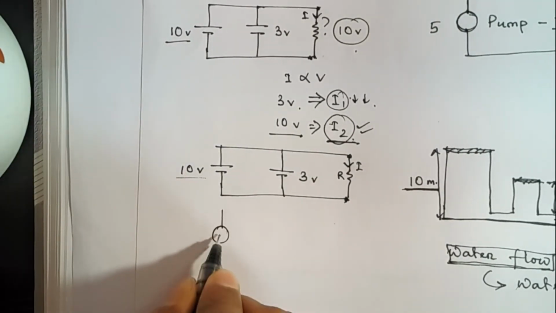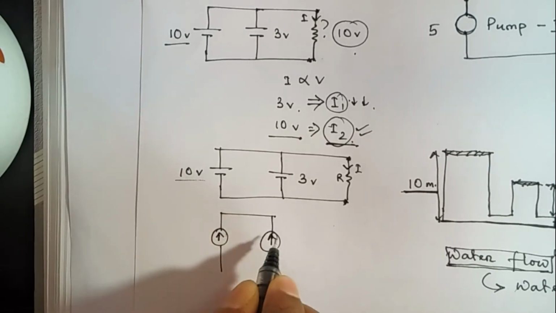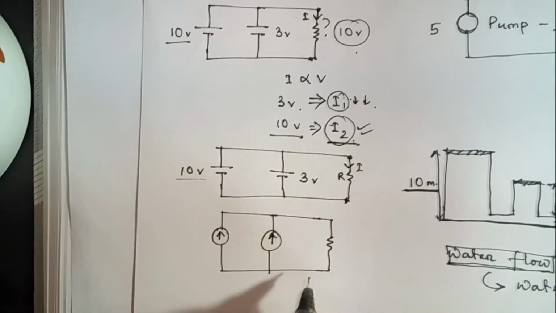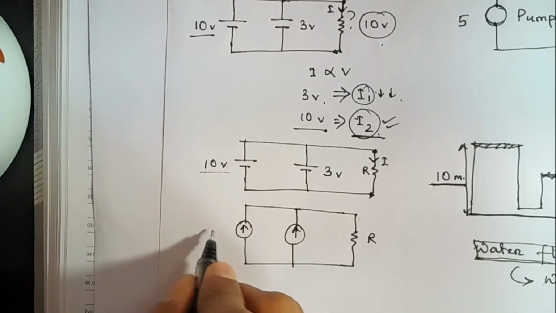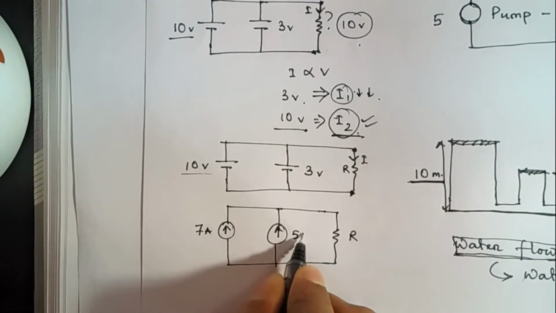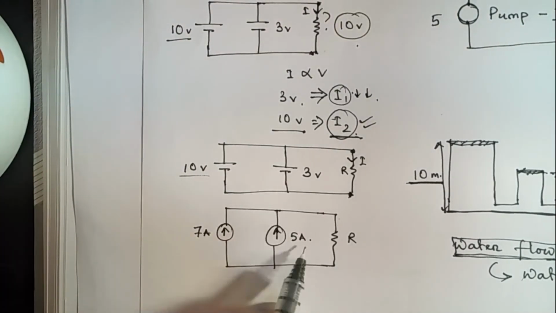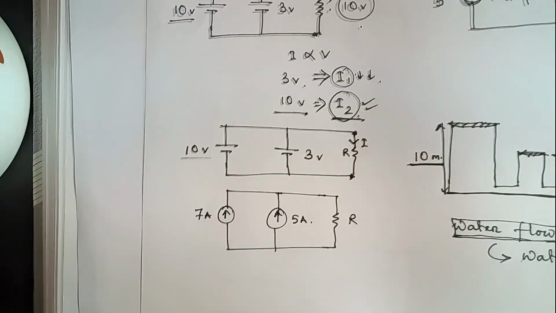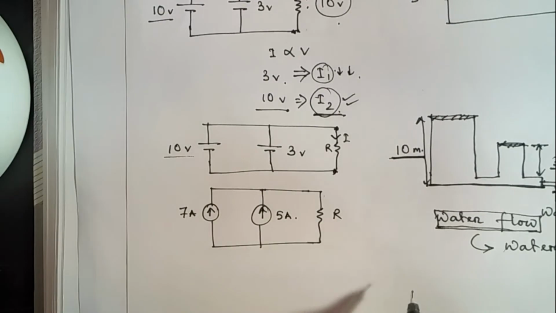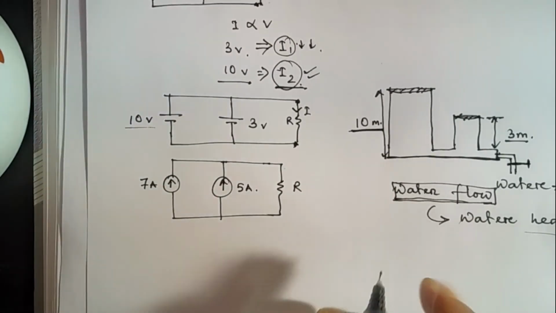So what if we connect two current sources in parallel? This is R, this is 7 ampere and this is 5 amps. If we connect more than one current source in parallel, then what will happen? Again, let's consider a mechanical system.